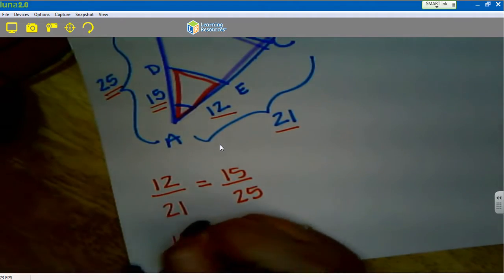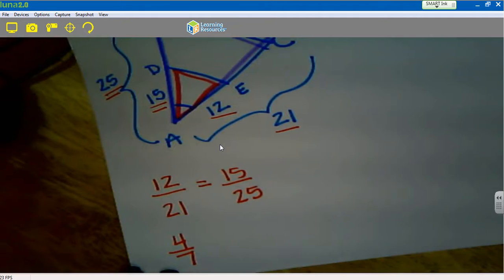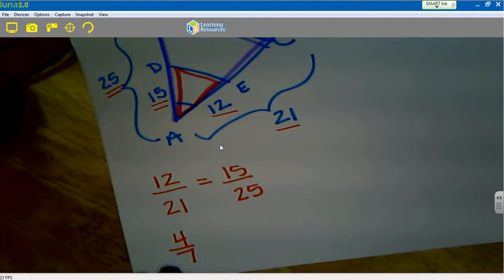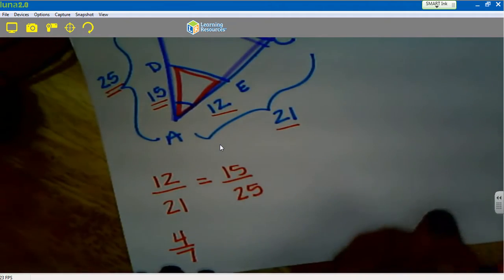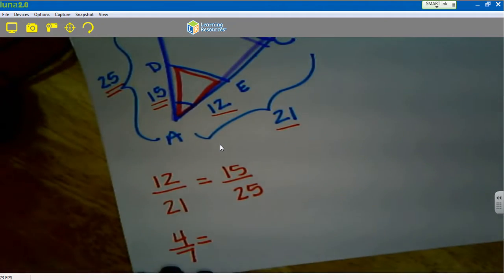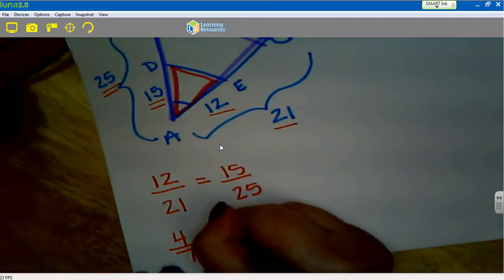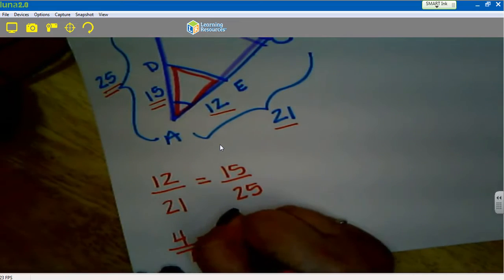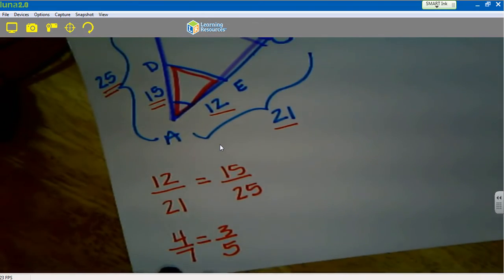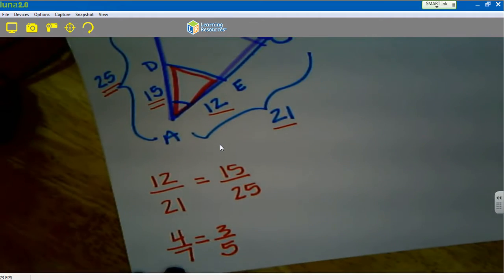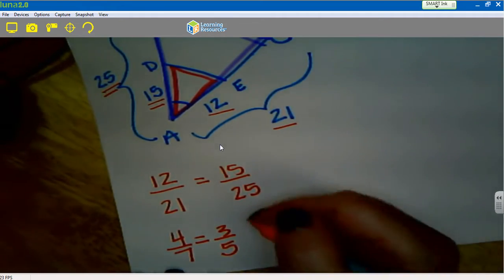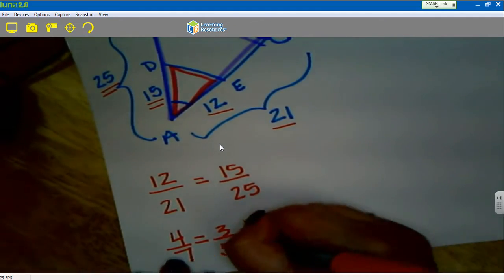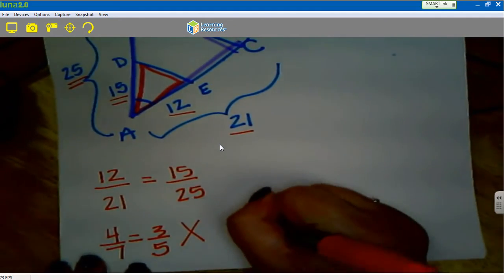So we simplify and we get 4/7. 15 over 25. We have a common factor of 5. Simplify that. We get 3/5. Well, that doesn't simplify. So, to be proportional, they would have to match. So we cannot say that the triangles are similar.